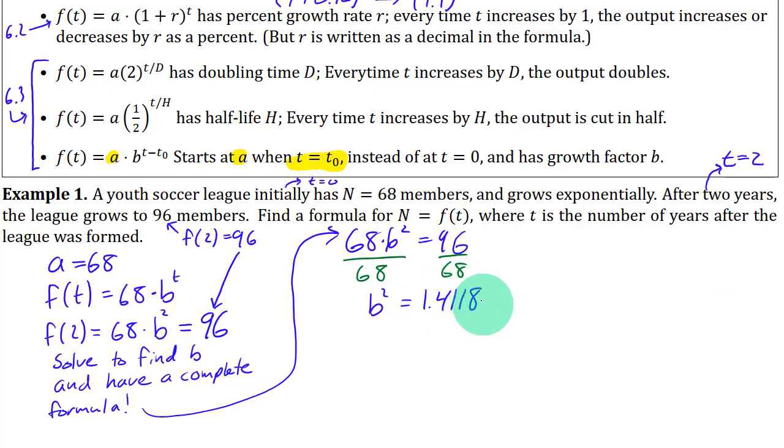And I always recommend including more decimal places than you really need at this point, and don't round off until the end. So now to cancel out the fact that it's b squared, we can do a square root on both sides. Remember, you always want to include a plus or minus when you're doing a square root.